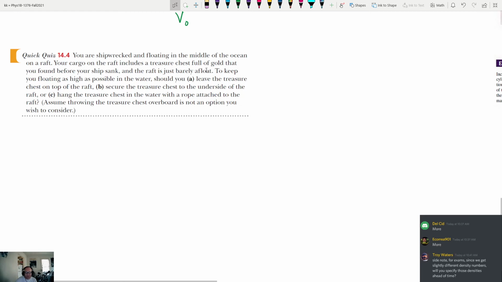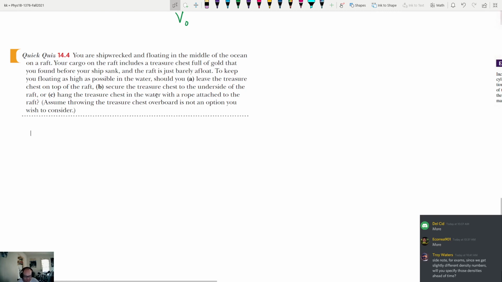In order to keep you floating as high as possible in the water, should you A, leave the treasure chest on top of the raft, B, secure the treasure chest to the underside of the raft, or C, hang the treasure chest in the water with a rope attached to the raft? Assume that throwing the treasure chest overboard is not an option you wish to consider.